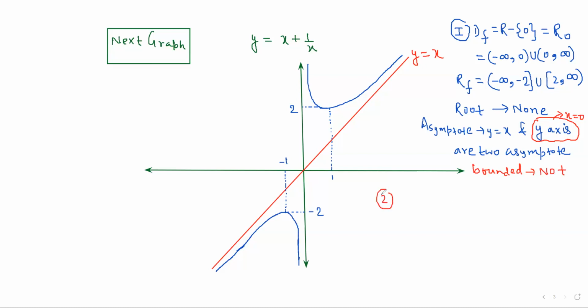Point number 2 is that x plus 1 by x is always greater than or equal to 2 if x belongs to positive real numbers. For equality, x is equal to 1, x plus 1 by x is always greater than or equal to 2. That is point number 1.